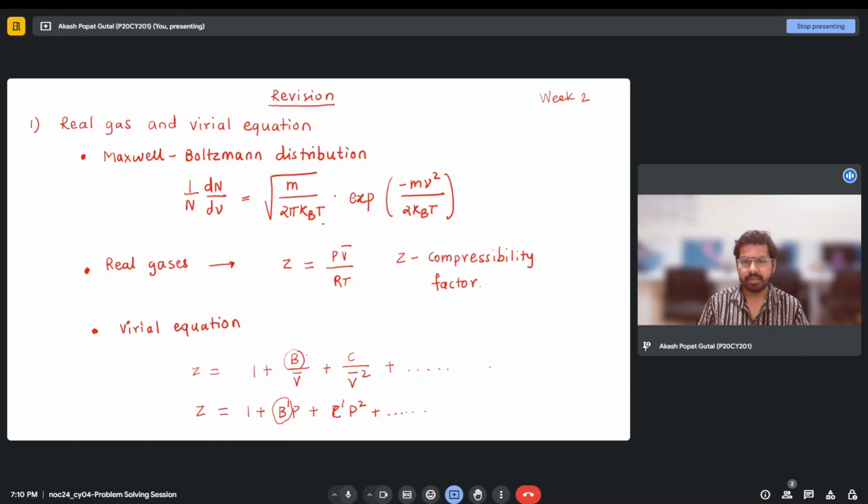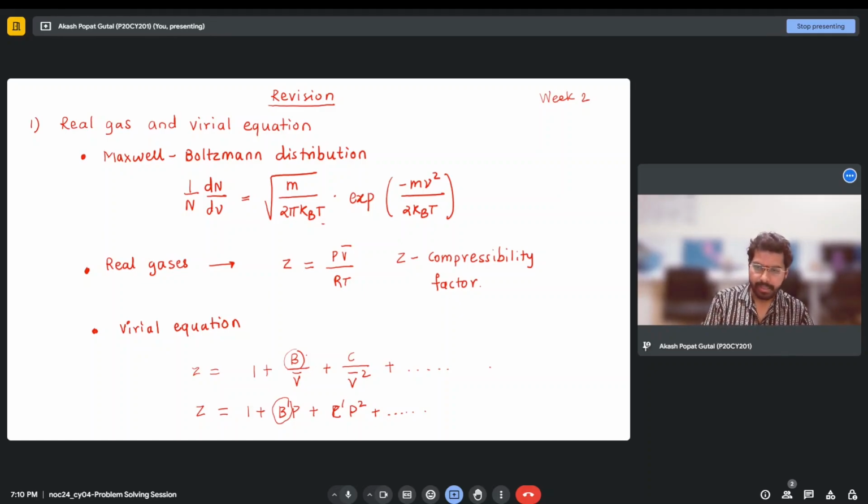It is not a constant, sorry, but it is a factor which tells us how close a given gas is to ideal gas behavior. By seeing that factor Z, we can tell whether our gas is showing ideal behavior or is near to ideal behavior.